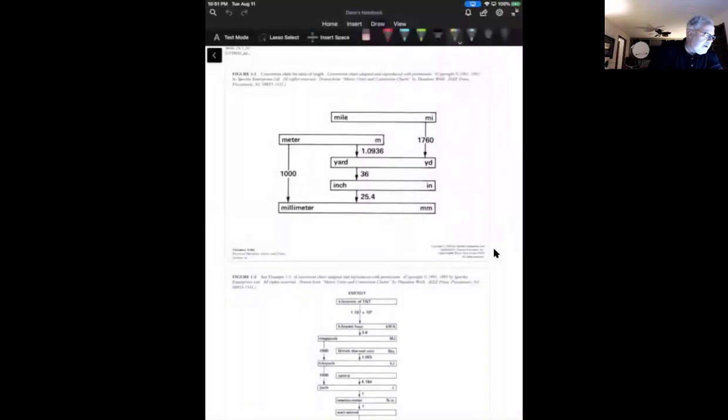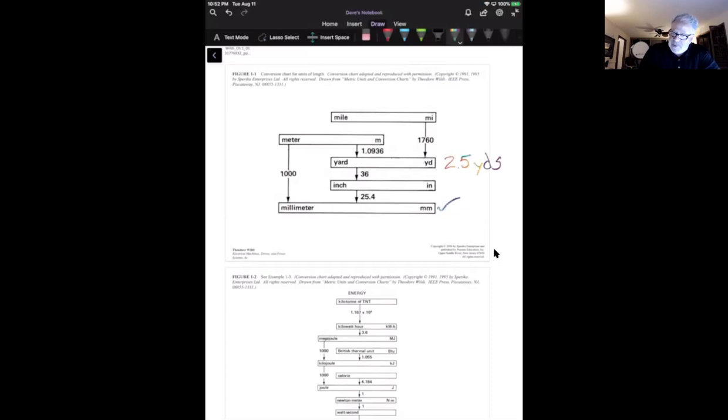And so example 1-1 says that we want to convert 2.5 yards to millimeters. Okay, so we're right here on our chart. We're at 2.5 yards on our chart, and we want to end up down here at millimeters. This is where we want to end up, at that point there.